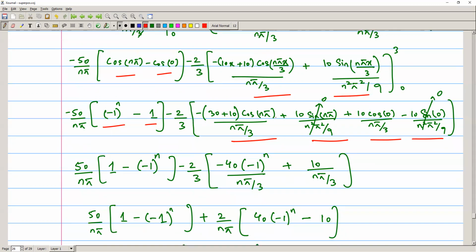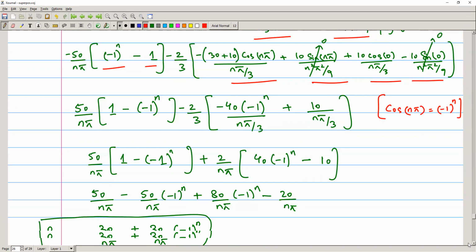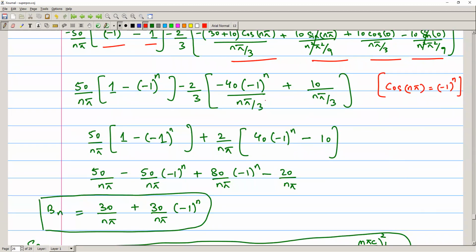Again we can replace cos n pi with negative 1 to the power n. So we'll be using this a lot in these equations, these identities, right? So one should remember these throughout the course.